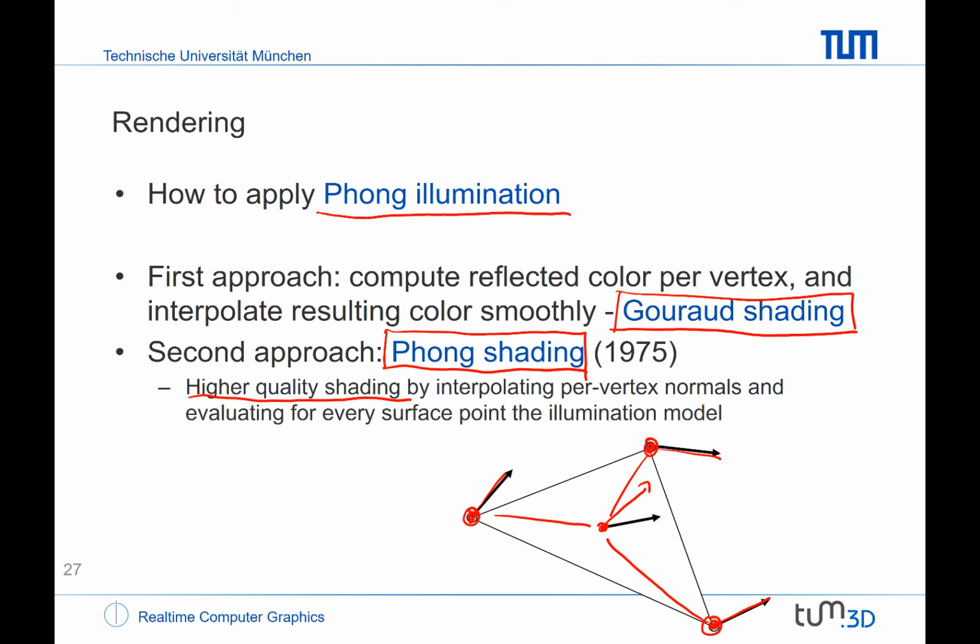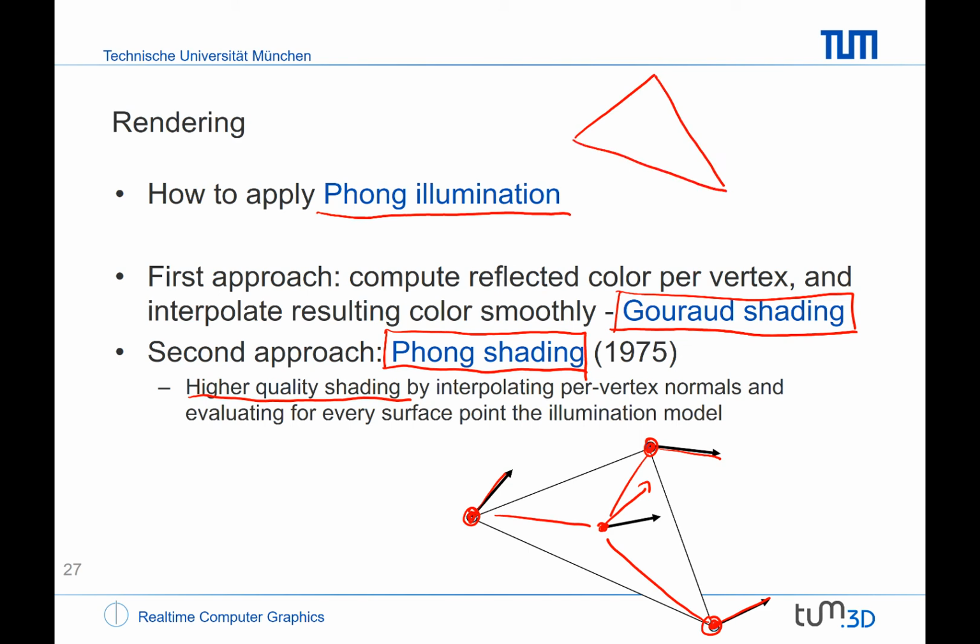First of all, the question, why should we do that? Well, apart from maybe quality differences, is there some other reason why we should do Phong shading and not Gouraud shading? And there's one example which immediately tells us a little bit more about the advantage of Phong shading.